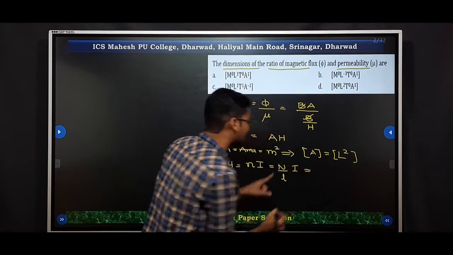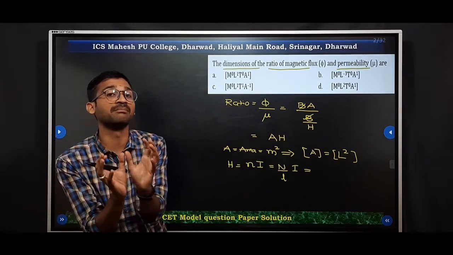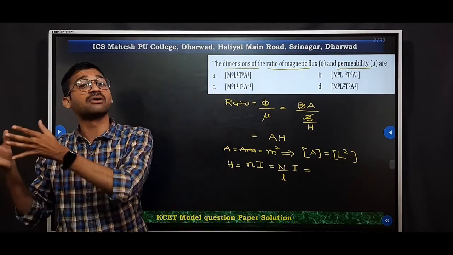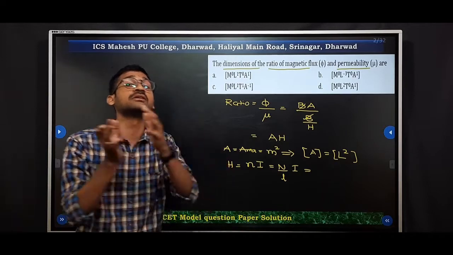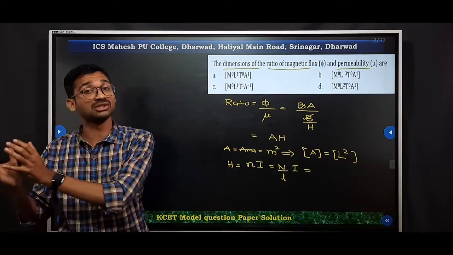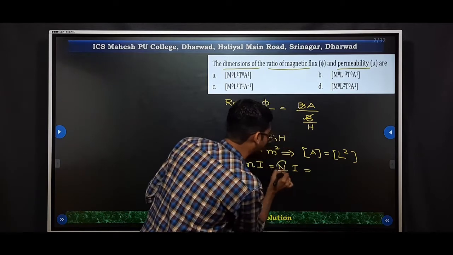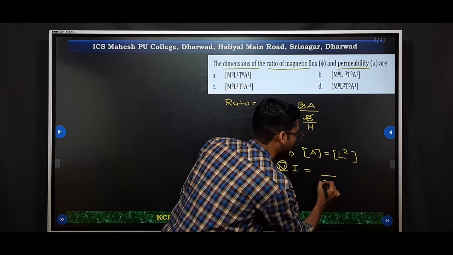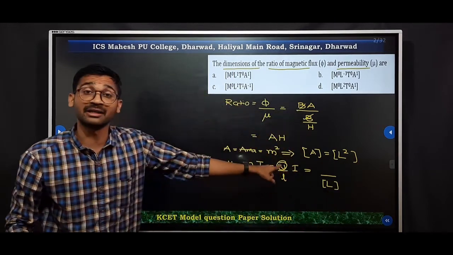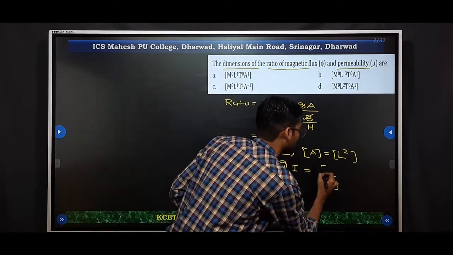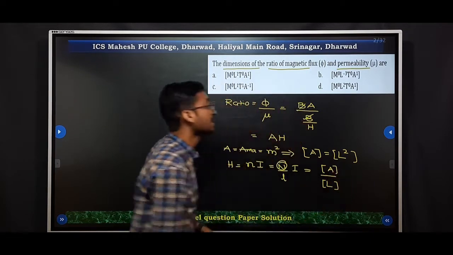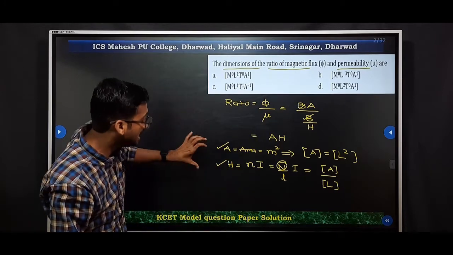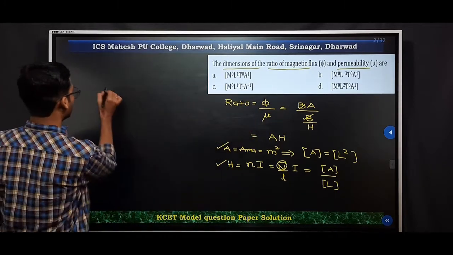Here N is a number, a pure number. We cannot write dimensions for that. But L is a measurable quantity, therefore it has its own dimensional formula. Leaving N, for the length we write L only. And for the current, we already have a standard dimensional value, that is A. Therefore, we got A and also H. Take these values and substitute over here now.